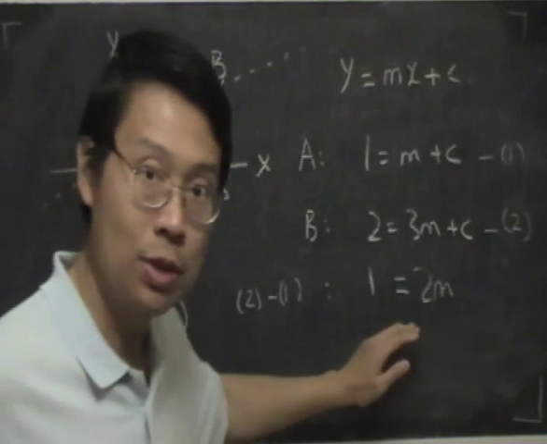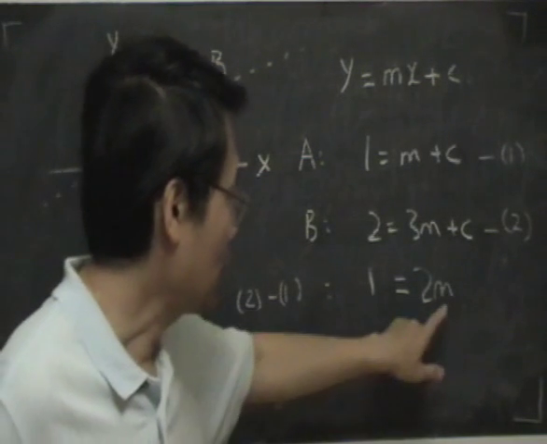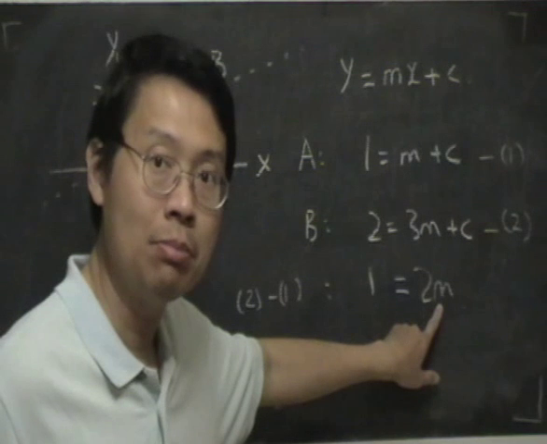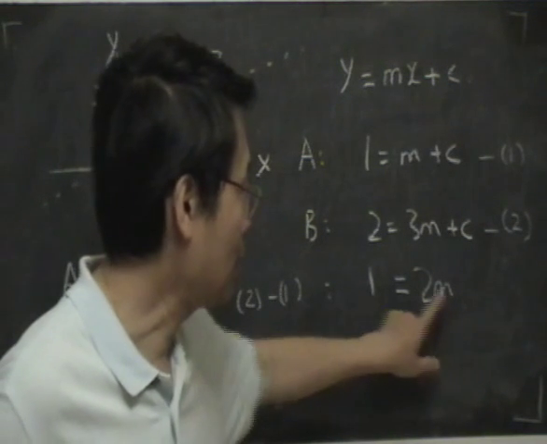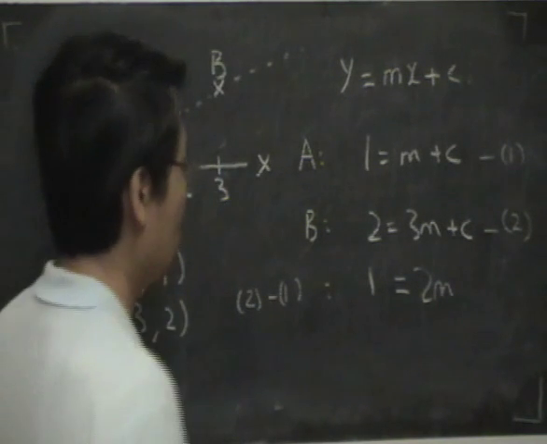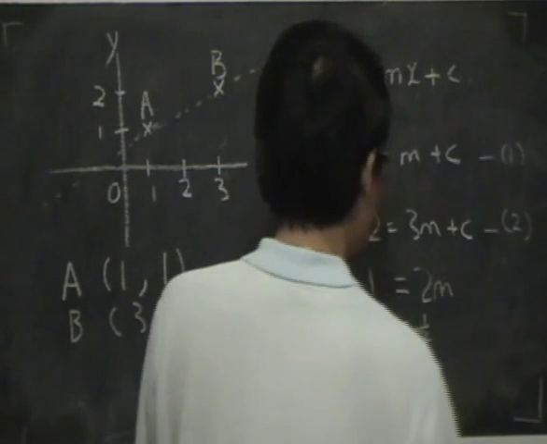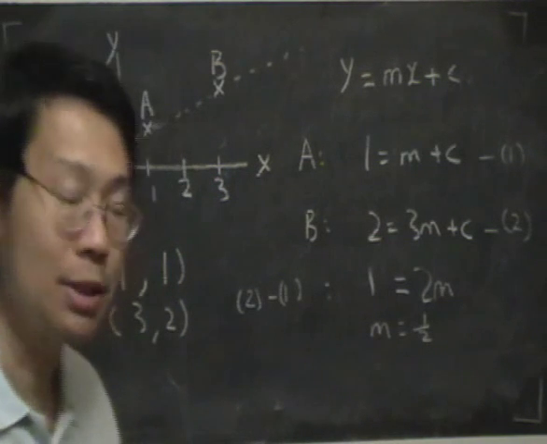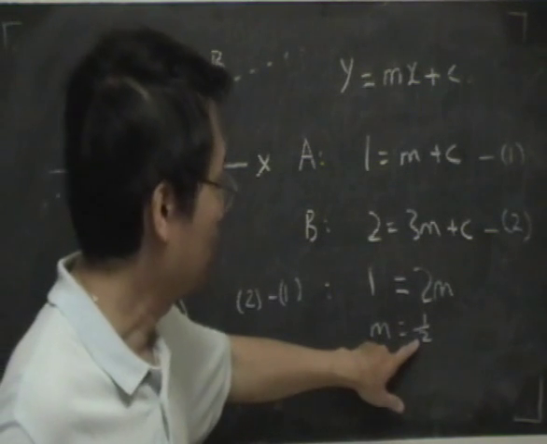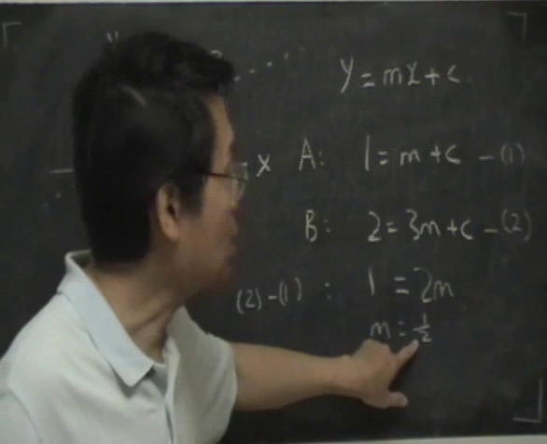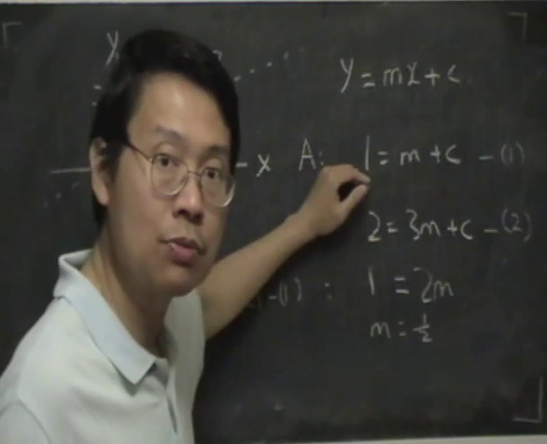So we can solve this quite easily. You can even guess that m must be half because 2 times half is 1. So we have the answer for m. M is half. And if you know that m is half, we can substitute this into one of the equations to find c.